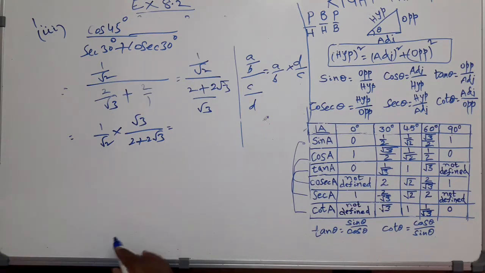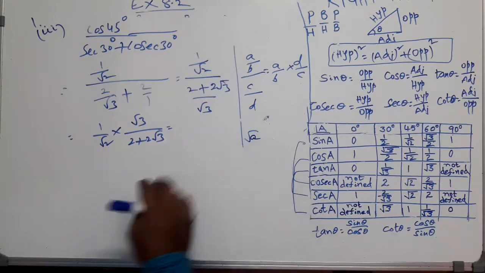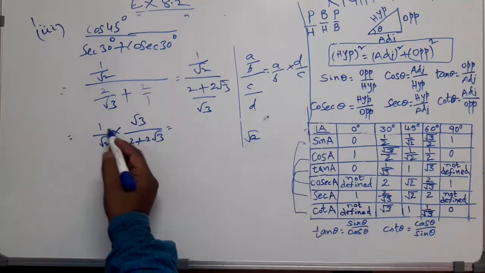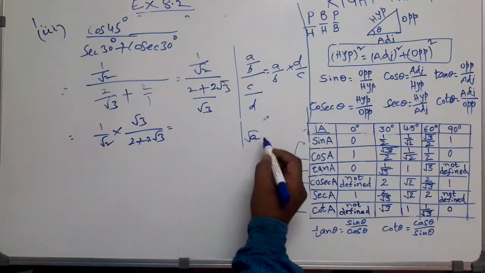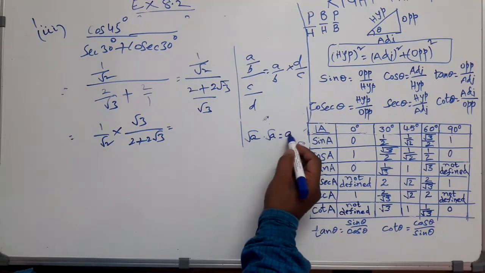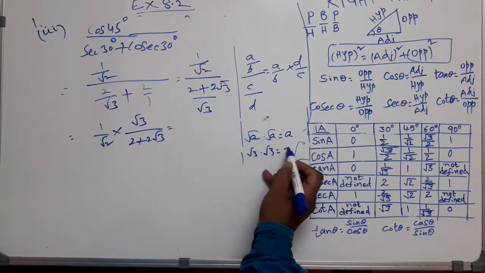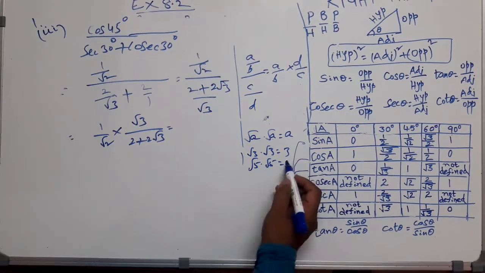What shall we do? See, this is of the form root of something. Let us say this is of the form root A. I am thinking, how can I make this part of the denominator a rational number? I know root A multiplied by root A is A. Is it not? Yes, root 3 multiplied by root 3 will be 3. Root 5 multiplied by root 5 will be 5. Is it not?